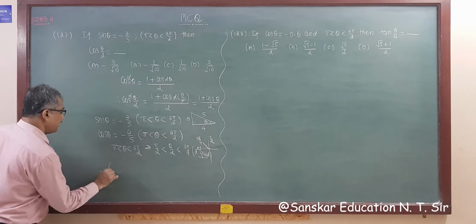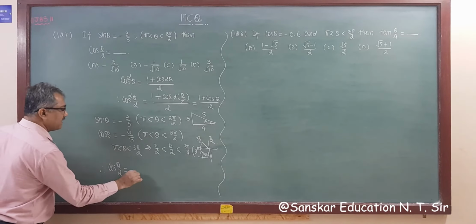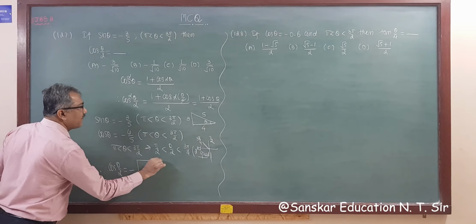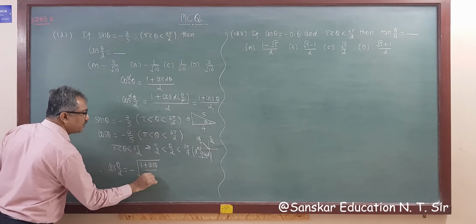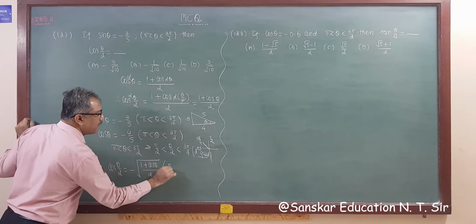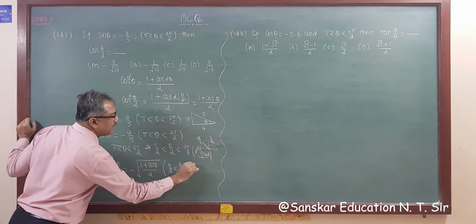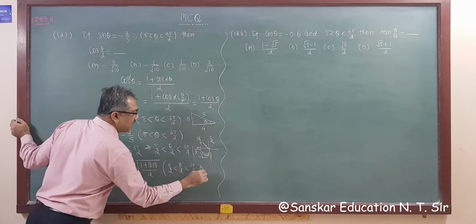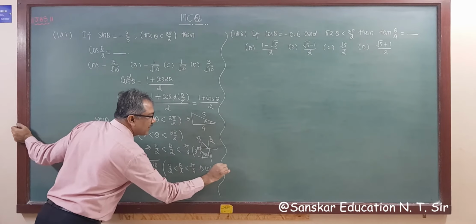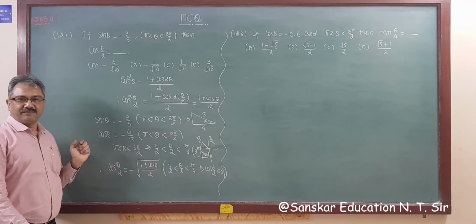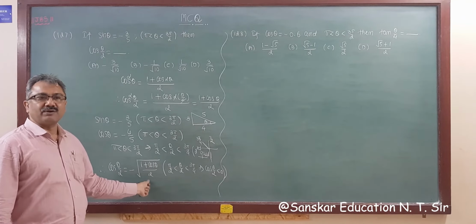So therefore, writing directly cos theta by 2 is equal to minus square root of 1 plus cos theta divided by 2. Because of this, pi by 2 less than theta by 2 less than 3 pi by 4. This implies cos theta by 2 is less than 0, as we discussed. Right? So we are taking negative square root of this.